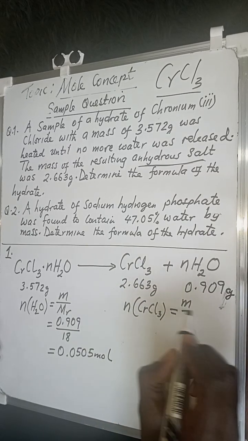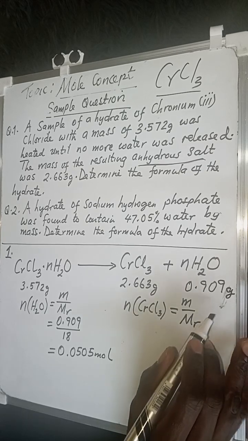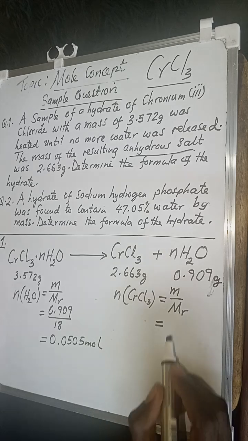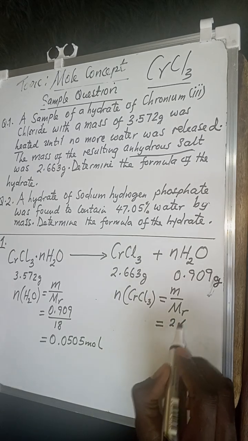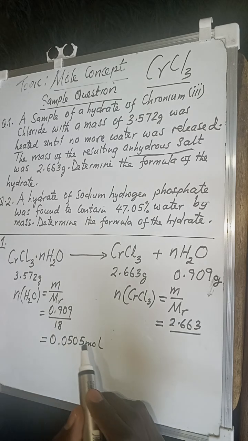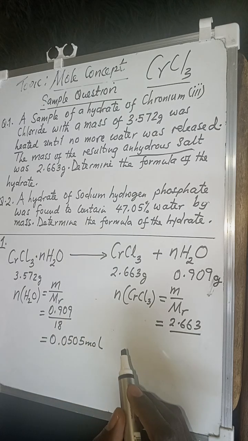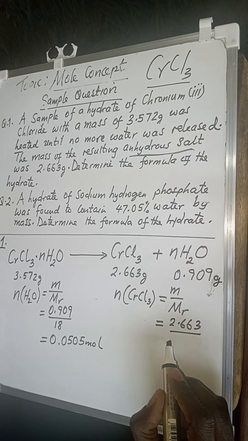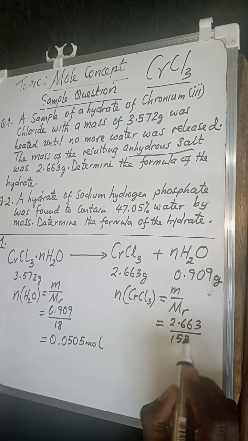So again, it will be the mass divided by the molar mass of the chromium 3 chloride. The mass of the anhydrous salt is simply 2.663. If you calculate the molar mass of that, it is simply going to give us 158.5.